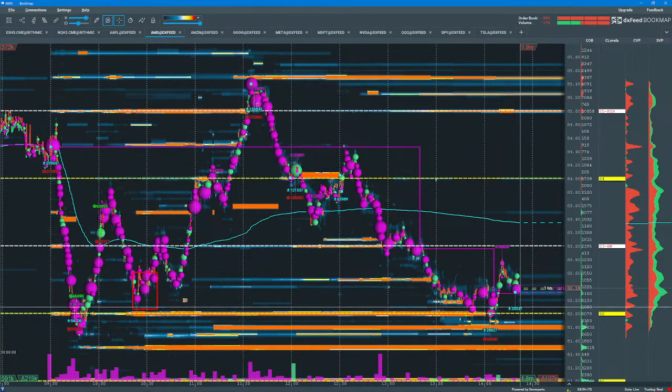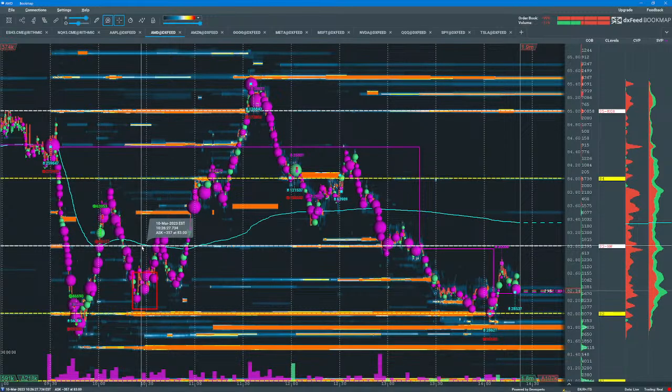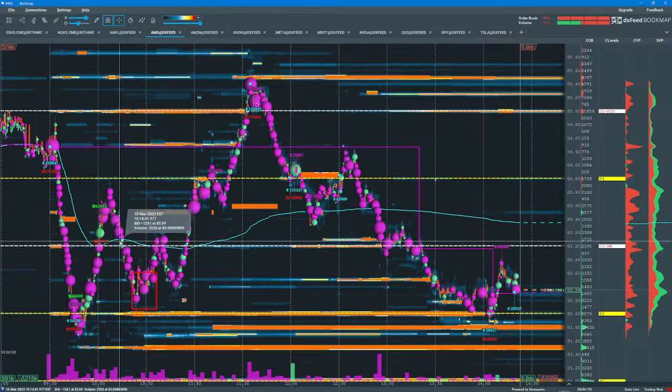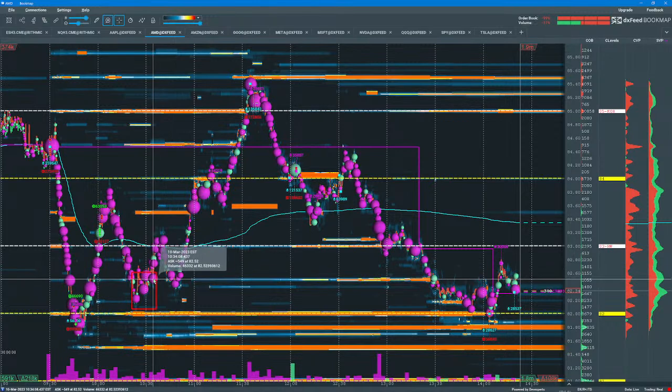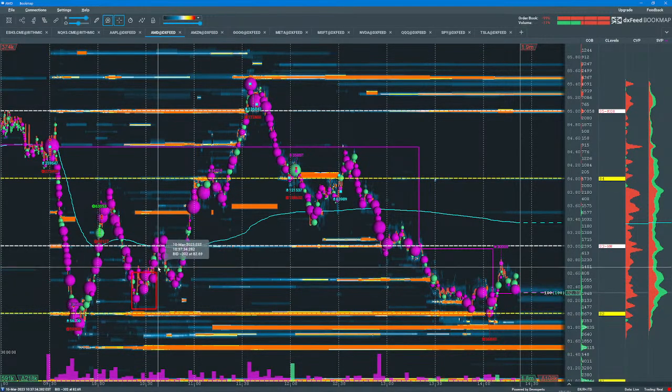This is AMD, and note the difference in order flow compared to what was shown in the S&P 500: the pretty clear shift between green dots on the way up and pink dots on the way down, as well as the clear difference in Tesla. That's not really apparent in AMD, and that makes taking a long in AMD a little bit more difficult.